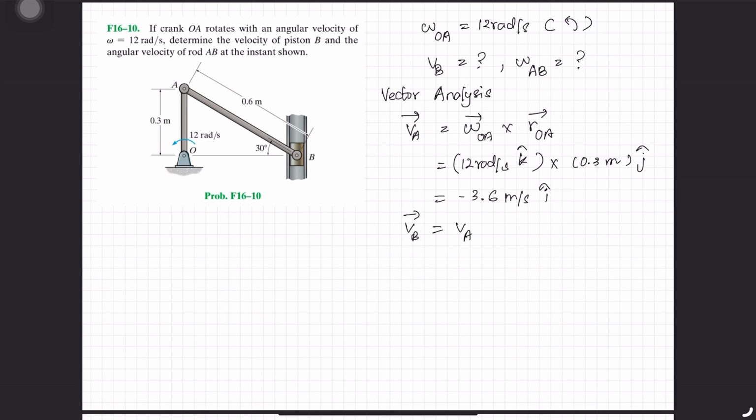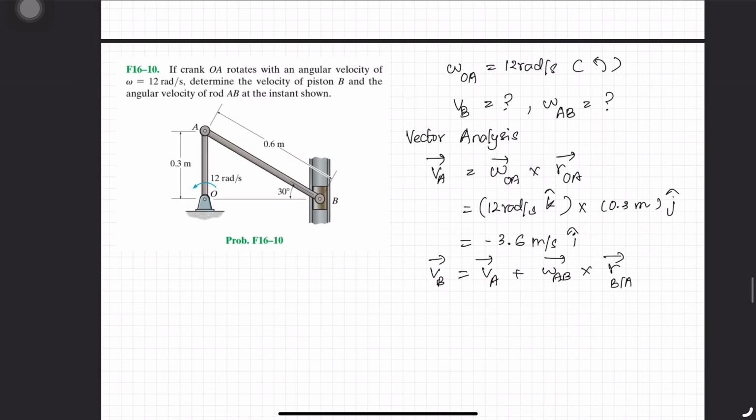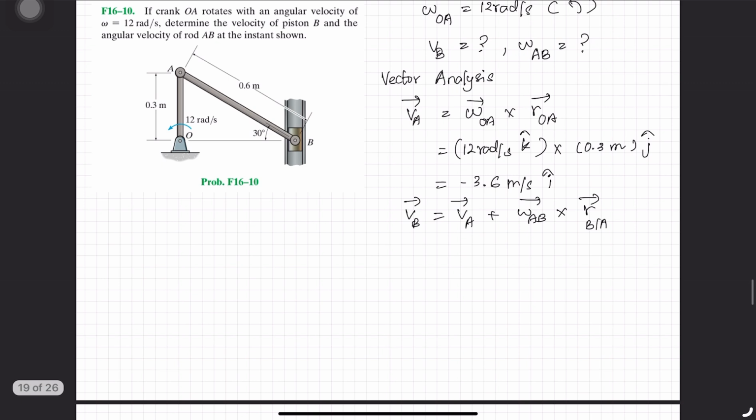So VB is VA plus omega AB cross r from A to B. The VB value is unknown, but VB will only move in one direction, so it will have only a j cap value.